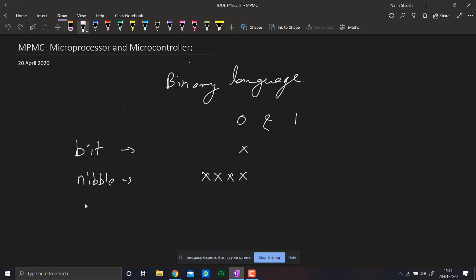The next thing that you know is the byte. A byte consists of 2 nibbles or 8 bits, that is 1 2 3 4 5 6 7 8.